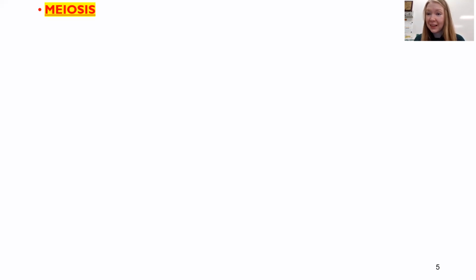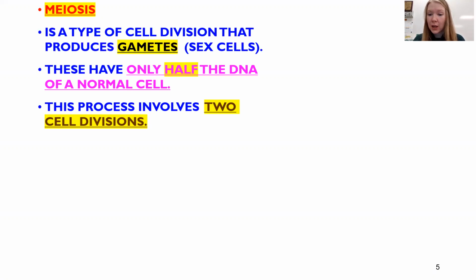Now, the other process is meiosis, which is a type of cell division that is used to produce your sex cells, or your gametes. They only have half of the DNA of a normal cell. Because each gamete only has half of the DNA of a normal cell, when the male and female gametes come together to form a zygote, that zygote now has a complete set of DNA, which then develops into a new organism. Meiosis involves two cell divisions, not just one like mitosis.